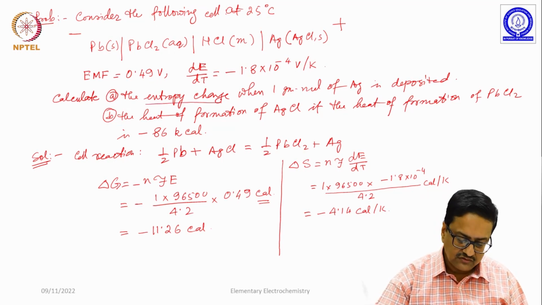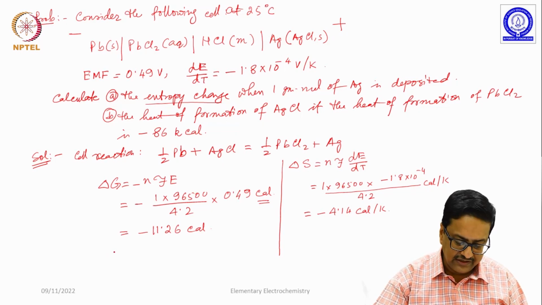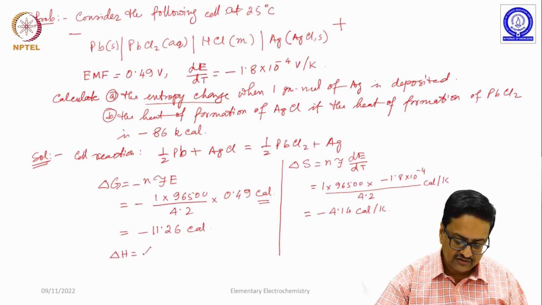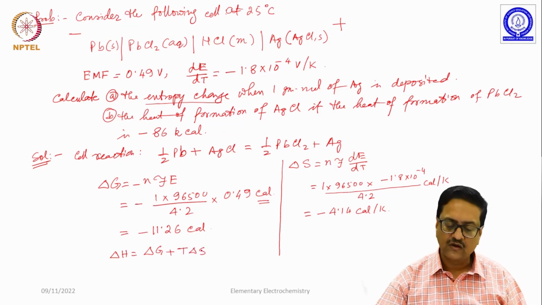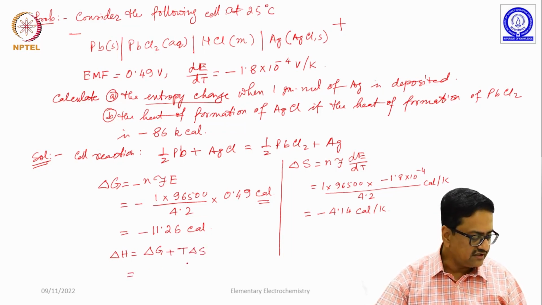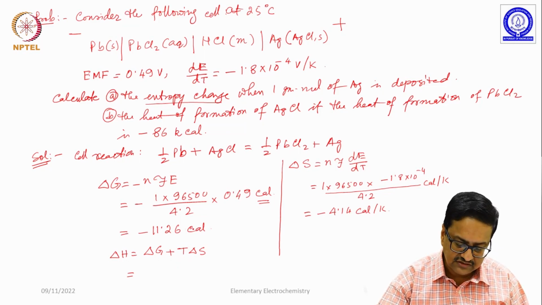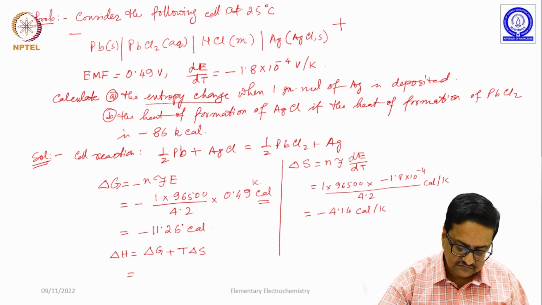So, now we need delta H, which, from our knowledge of thermodynamics, is delta G plus T delta S. I think this delta G is not calorie, this is kilocalorie.